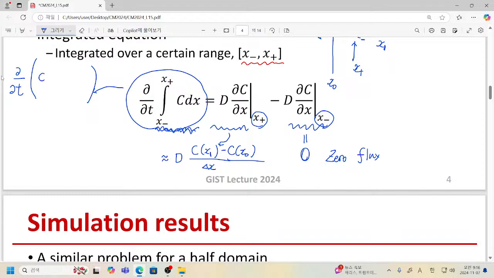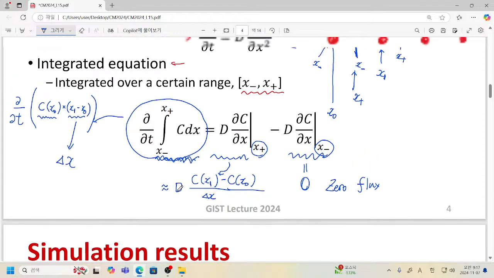My suggestion is, of course, this one should take its node value c at x0, and we must multiply the difference between the x plus position and the x minus position. But please try to answer what is the value of this x1 minus x0. What is it? In the usual case, that would be just delta x.